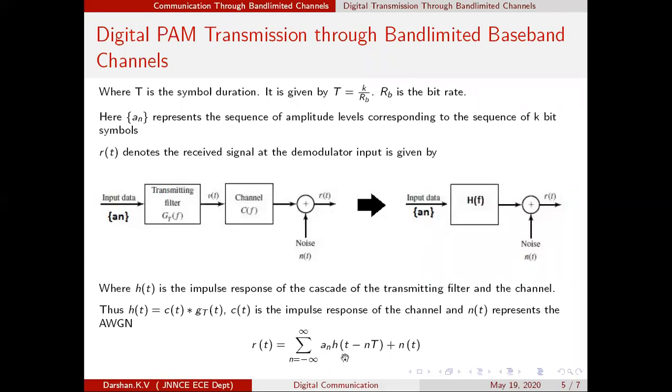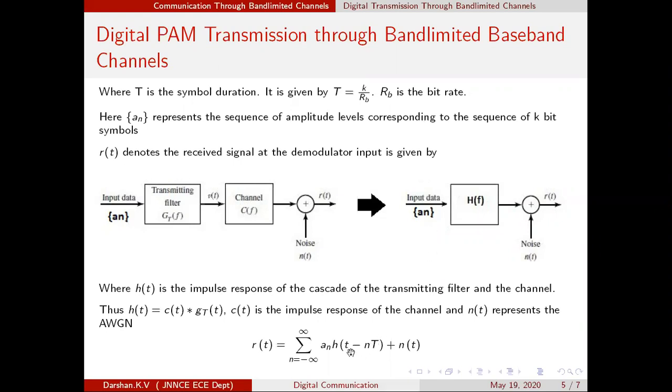Are you getting only one pulse? No, you have so many pulses, each of duration T. Every T duration you have one pulse, right? So therefore you have t minus nT. The same explanation holds good. Here you are not working with a single data, you are working with a set of data or a train of data.